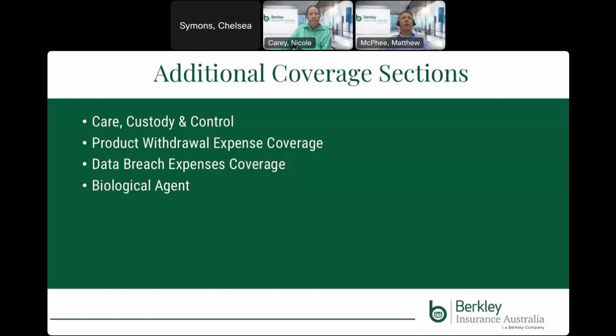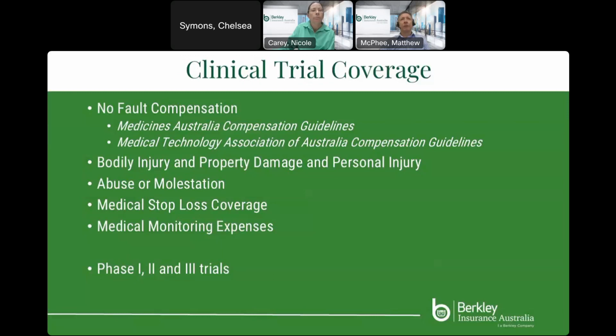Nicole, I've just got a couple of questions come through. If I can just take you back to 16. You've mentioned a couple of times medical monitoring expenses. So is that when a clinical trial says there's a 5% chance of, say, bad headaches as a result of this, but it will monitor the complete cohort of the people in that trial?